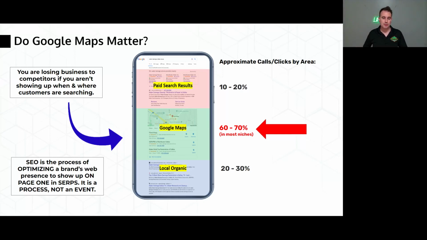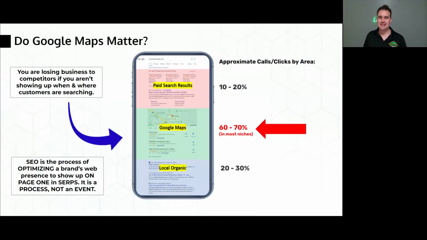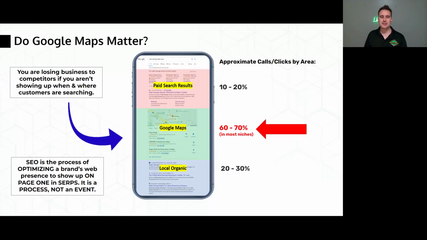So your goal, and our goal in this webinar, is to help you get seen through that 3-pack right there. And then underneath that, you have what we call the organic listings, which is everything to do with your website ranking.